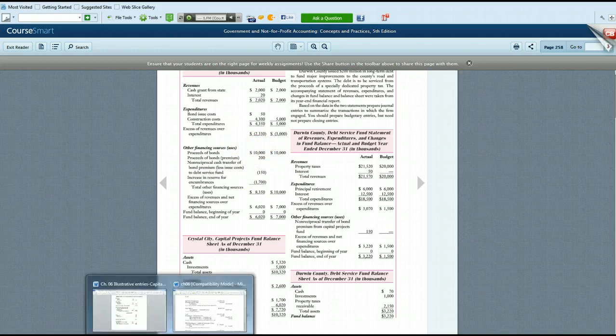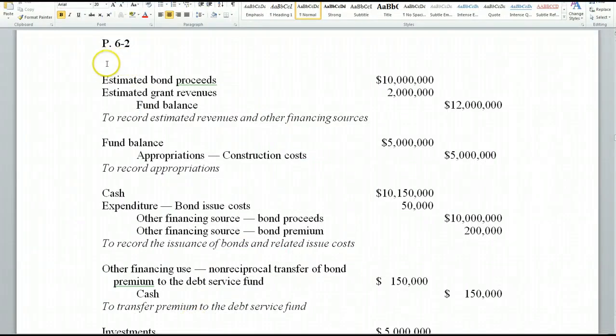So we'll go back here and provide, based on budgetary, estimated bond proceeds of $10 million, estimated grant revenues of $2 million, and a fund balance of $12 million. This provides us with our estimated revenues and other financing resources.